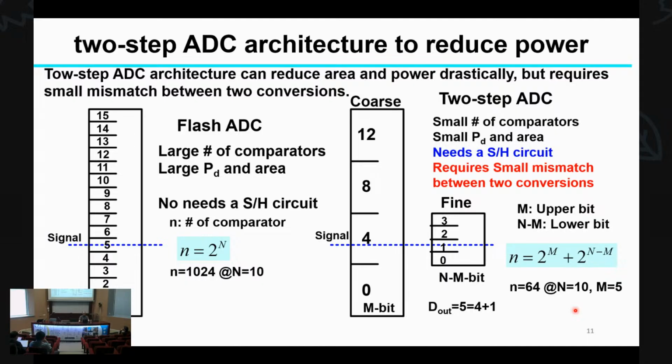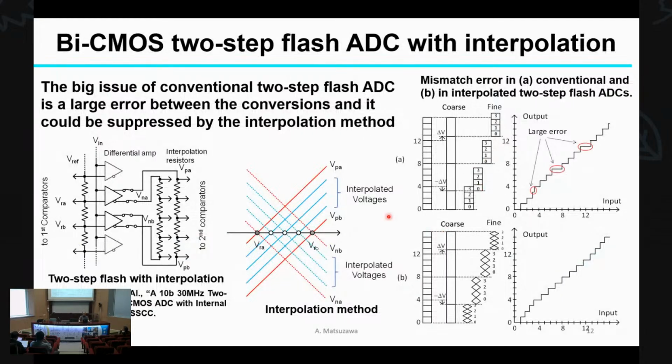But the issue is the required small mismatch between the two conversion lanes. This is some example. This is the coarse conversion range and this is the fine conversion range.